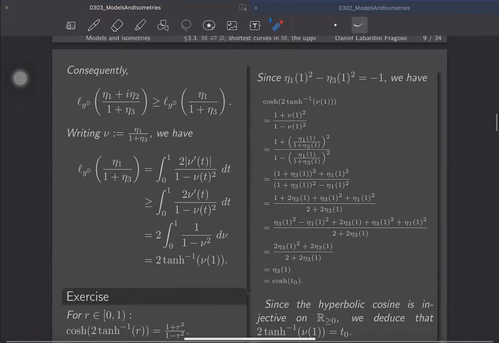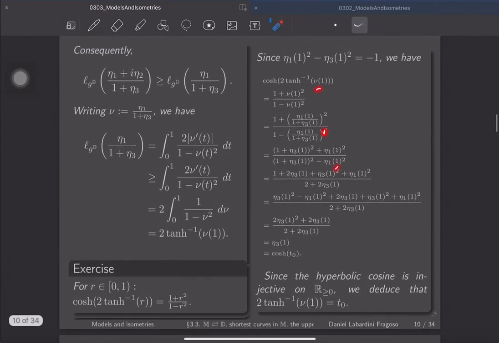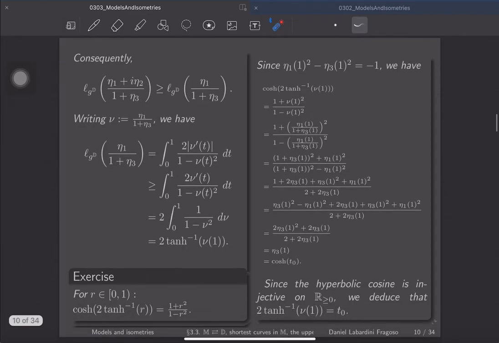Okay. Now, okay, so there's still some way to go. Okay, but now let me write nu equal to this, what is inside here, because then you see the length of this one is I have to integrate.